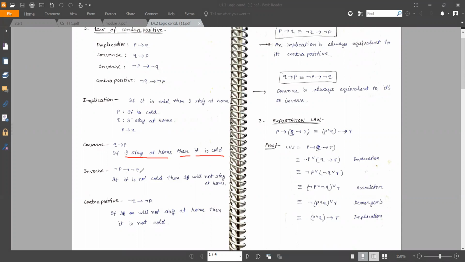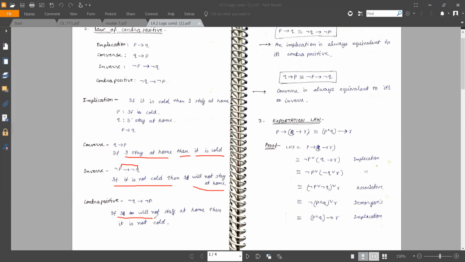Similarly, in the inverse we don't swap the operands, we only negate them. So the inverse would be: if it is not cold, then I will not stay at home. While negating those premises, you can simply follow English grammar. And finally, the contrapositive: we negate the operands as well as swap their positions.